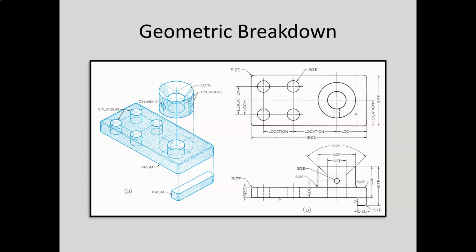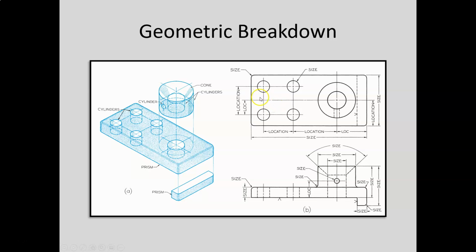Why? Because they're 3-dimensional, right? So the prism has a length, a width, and a thickness. This smaller cylinder, or excuse me, this smaller prism also has a width. Now, notice how this is dimensioned. So this is basically the size of the prism is this size minus this size, right? And then the length of it is this size.